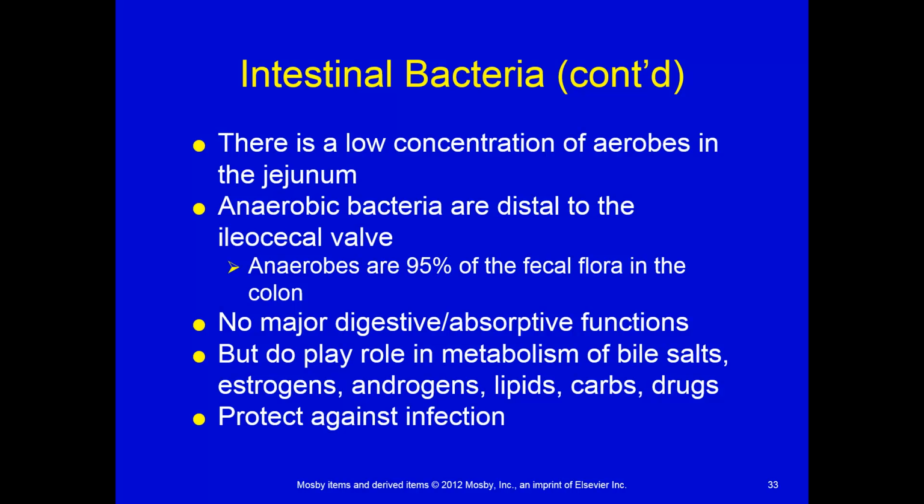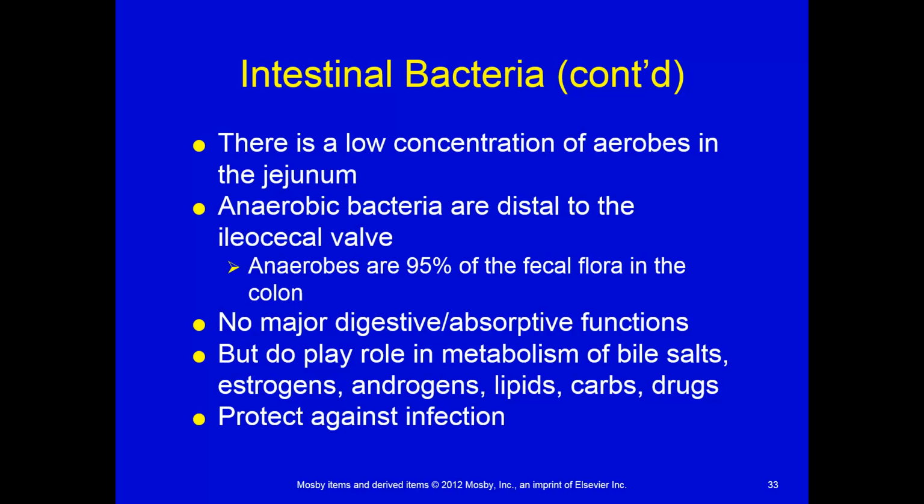So anaerobes are 95% of the fecal flora in the colon. They really don't have any digestive purposes other than to maybe play a role in the metabolism of some of those secretions from those accessory organs. But really they just are there to protect against infection. And that's very important because we don't have that high acidic environment to protect us anymore. So that's good.